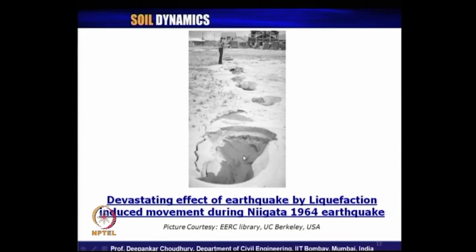Due to the liquefaction, the soil in this region has flowed to some other area, and that is why such big potholes have been created. We can imagine that if any structure had been constructed on top of it, it would definitely have been in extreme danger. So, to know all this behavior, we must understand the dynamics of the soil material under this kind of dynamic loading.